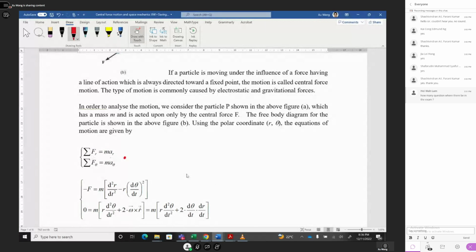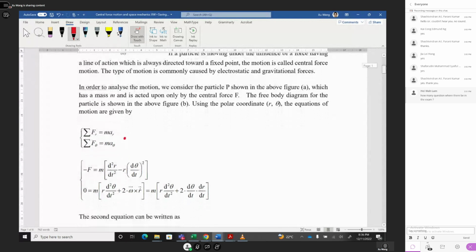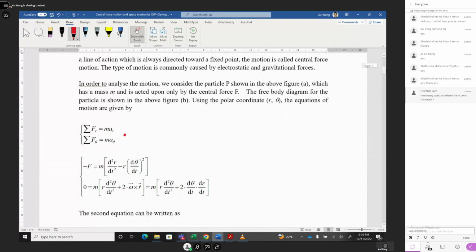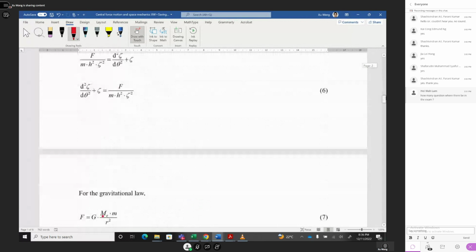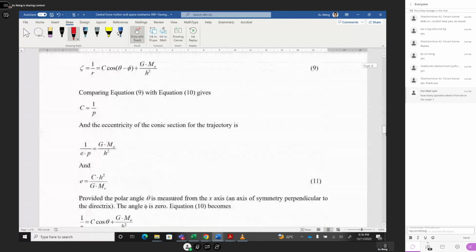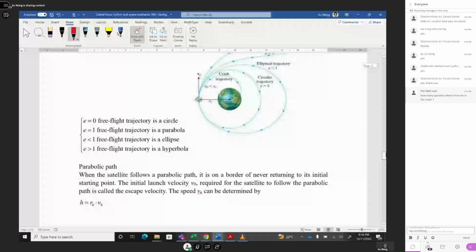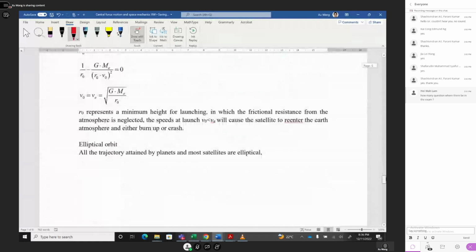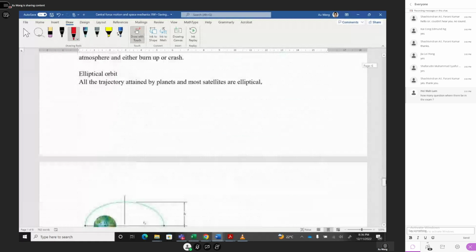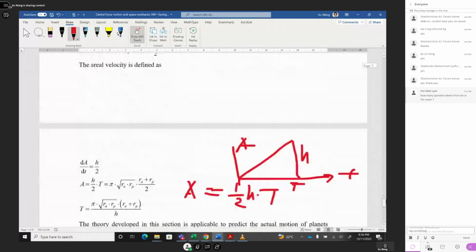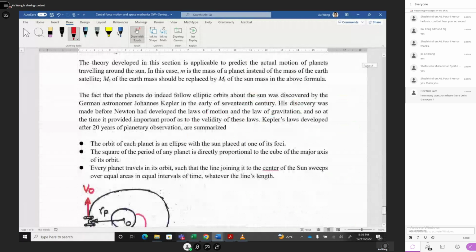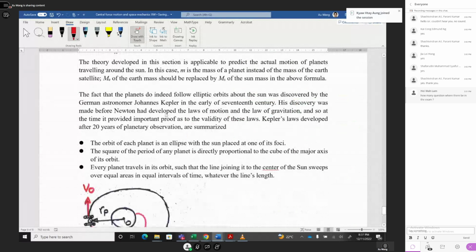F equals ma, the second law. All this derivation is based on Newton's laws. But Kepler reached this conclusion by observation.